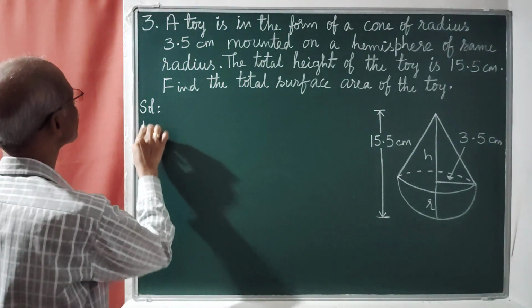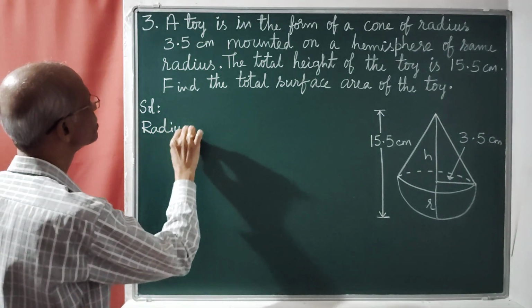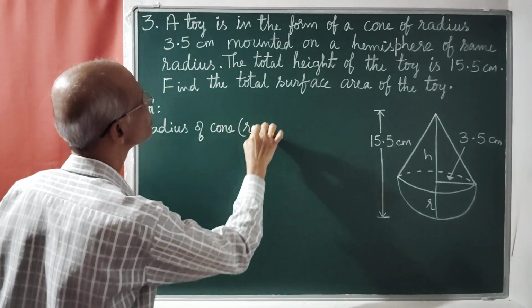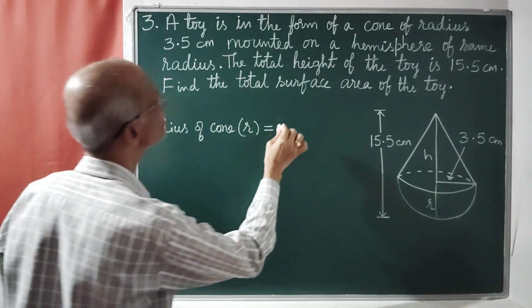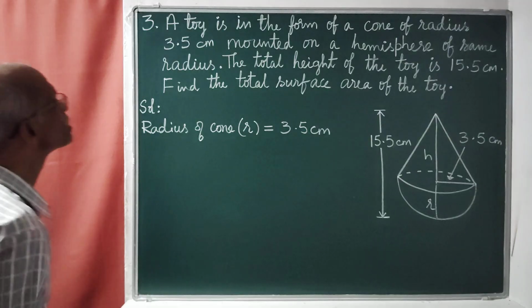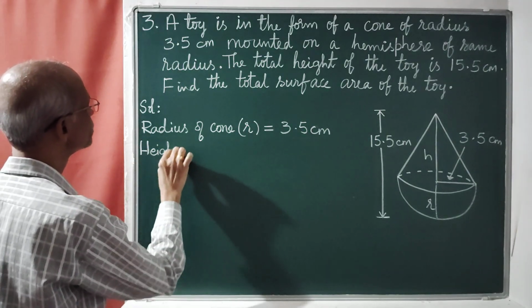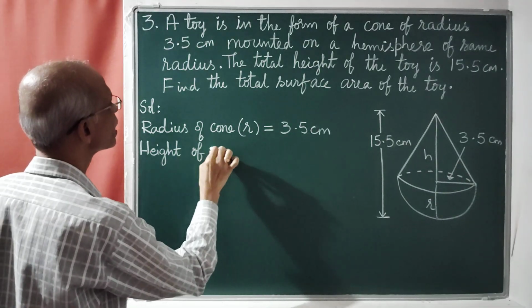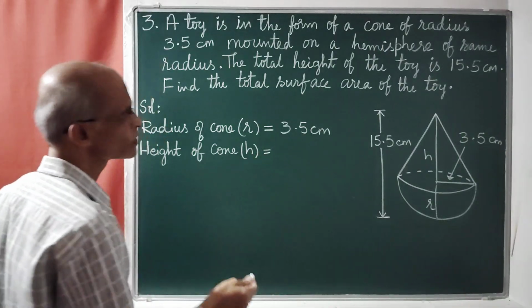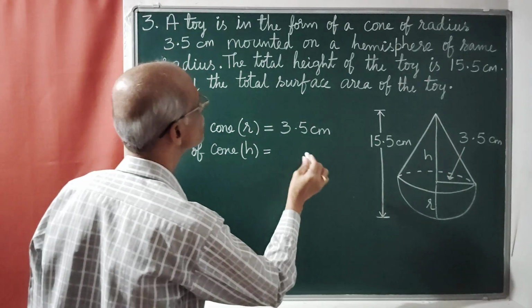Now, radius of cone R is equal to 3.5 centimeters. It is given to us. Now, height of cone H. So from the total height, we have to reduce the radius of the hemisphere.